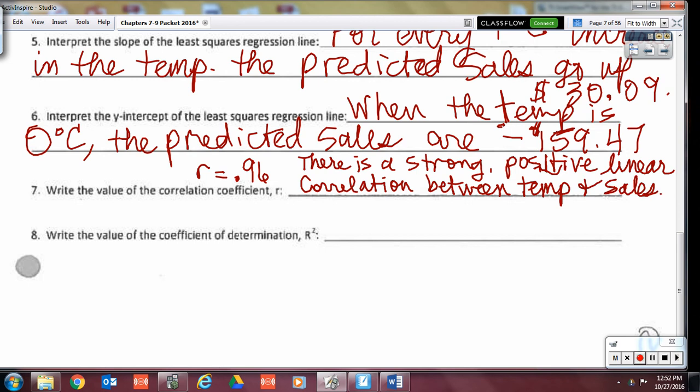Okay, there's a strong positive linear correlation between temperature and sales.